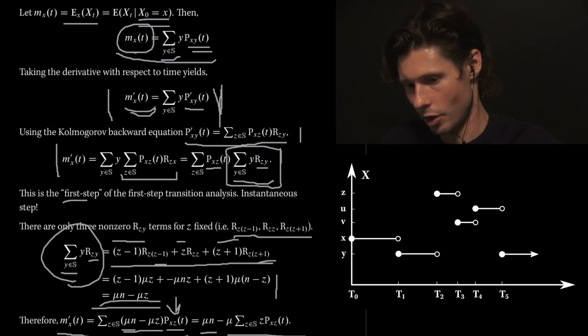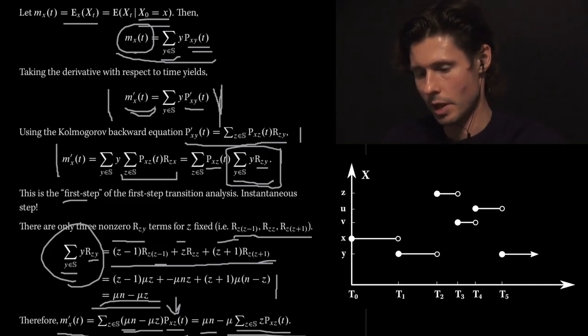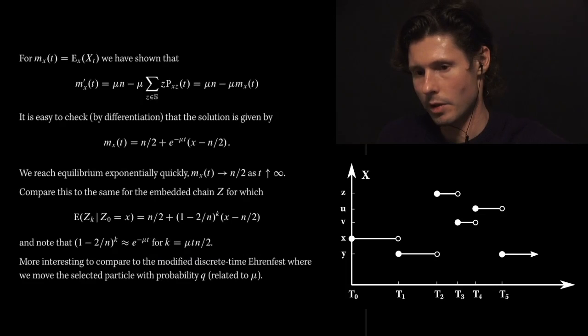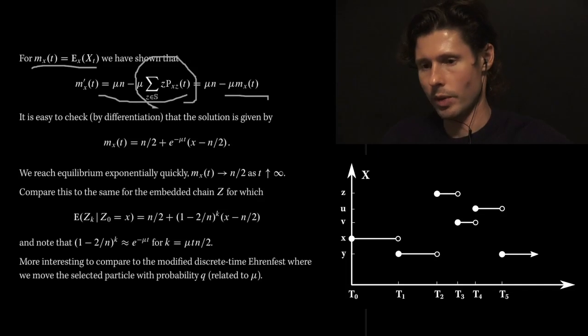And the second term leaves mu times this sum, and if you look at the sum, you'll recognize something curious here. That sum is really just the expected value. So we've defined m_x to be the expected value at time t starting at x. We were able to get to this point, and now we just recognize that this whole part here is nothing other than mu times the original expectation that we sought.